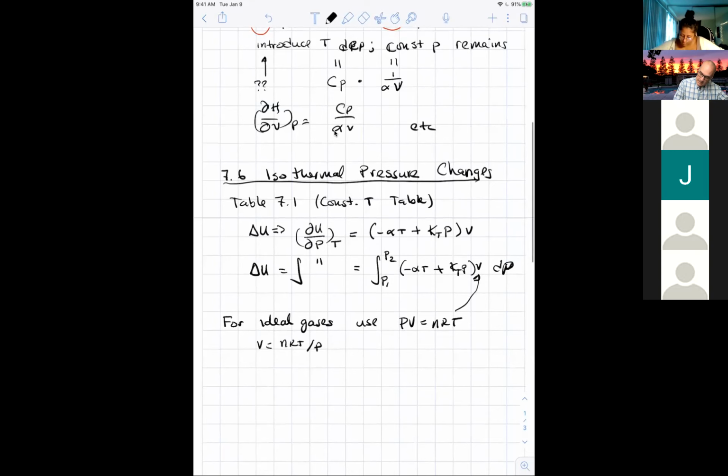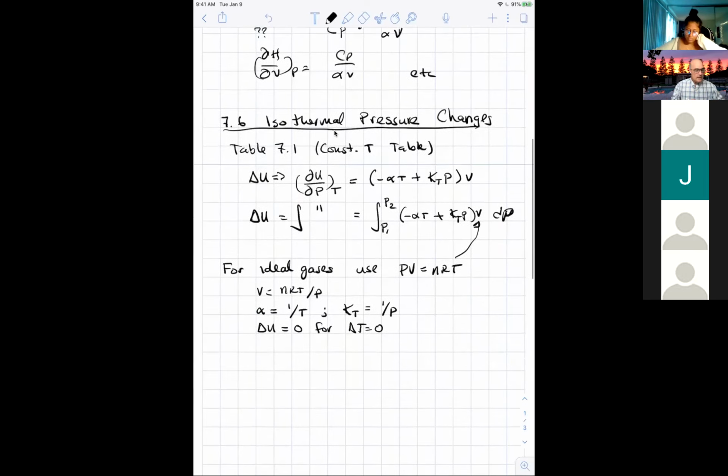And so what that gives us is also some other relationships that we should be looking for. It usually gives us very simple relationships for the alpha and kappa. Right, and we also know that delta U is 0 for delta T is 0.